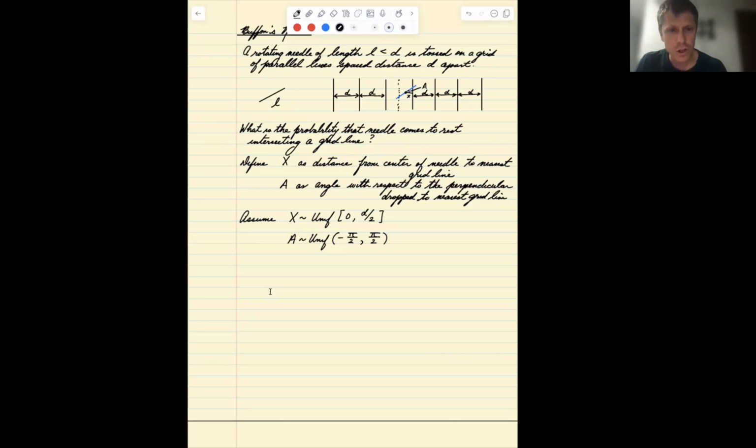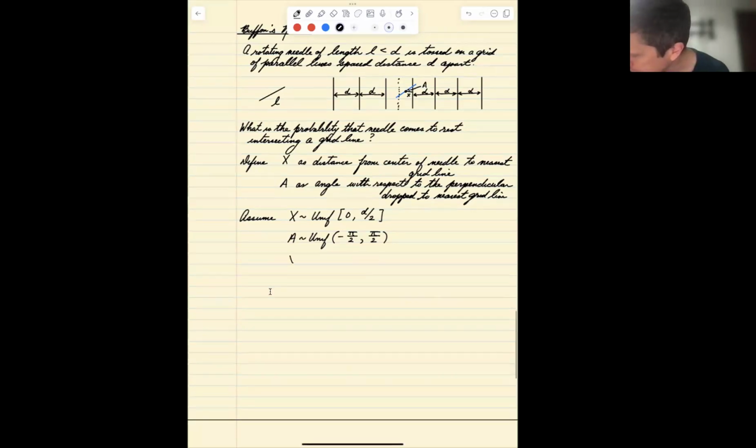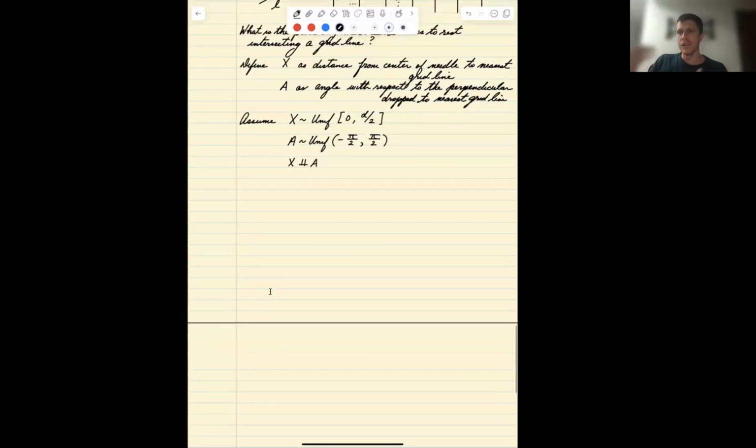And furthermore, we're going to assume that X is independent of A, because we wouldn't expect that where it falls affects the angle, since we're assuming that it's being tossed in a chaotic fashion. Okay, so given this information, what is the density?